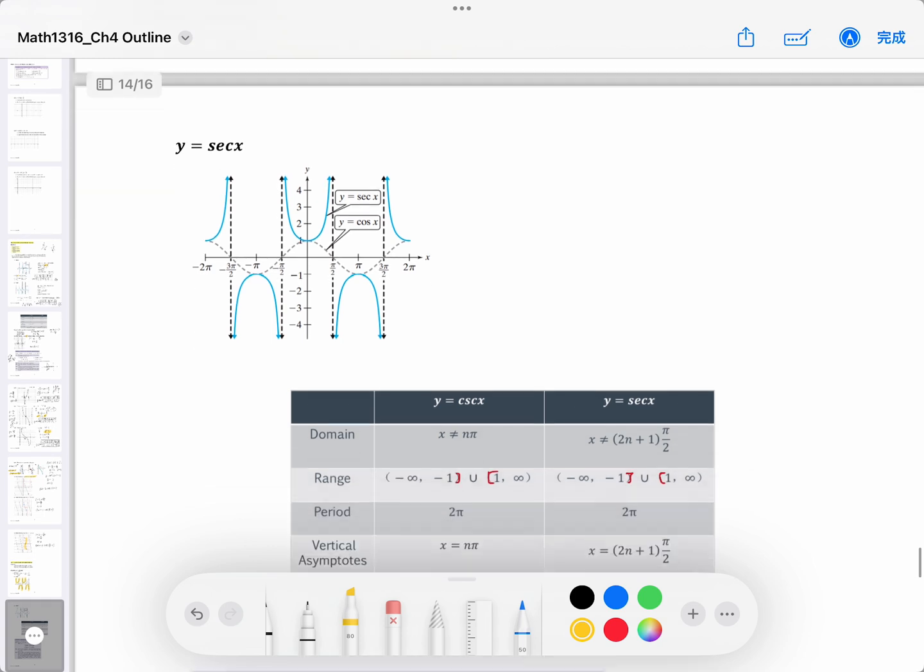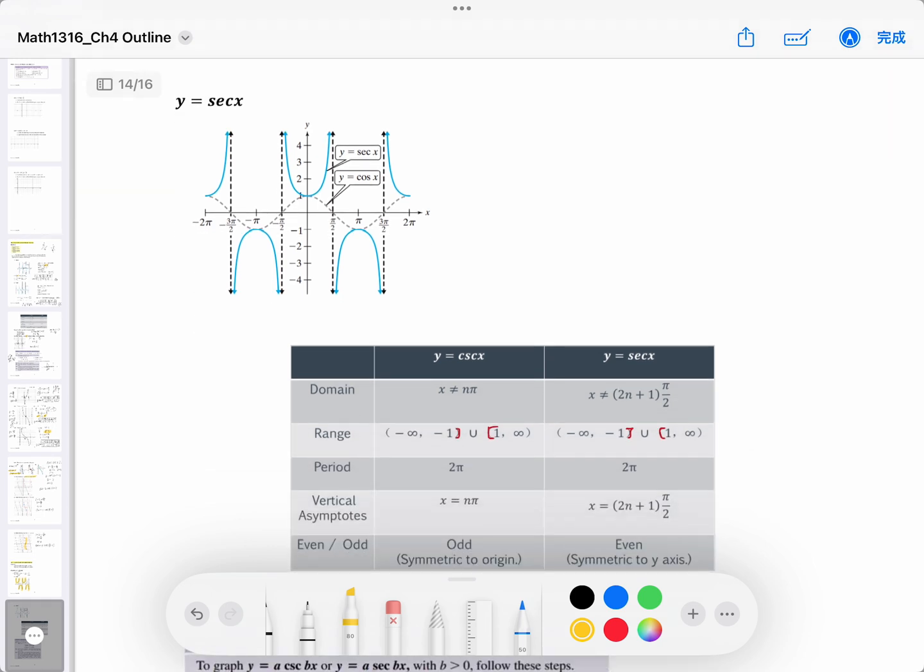How about the secant function? The secant function is the reciprocal of cosine, so I can graph the cosine function first. The cosine function, peak to peak, is one full cycle, and I can graph more cycles.